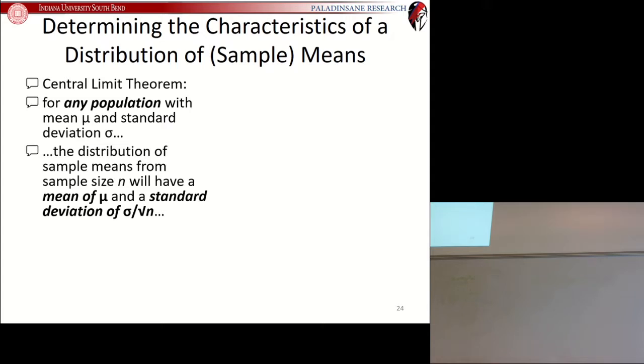One way to kind of help remind you of this move is that the distribution of sample means will always have a standard deviation that is smaller than the population. So the distribution of sample means is always more squeezed together than the population is. And what's more, the bigger your sample, the more squeezed together your comparison distribution is.